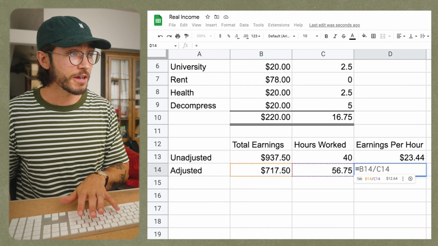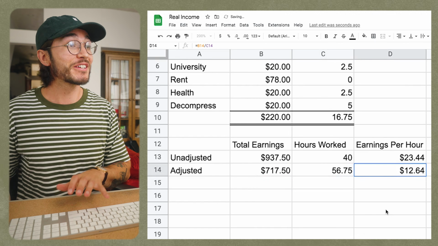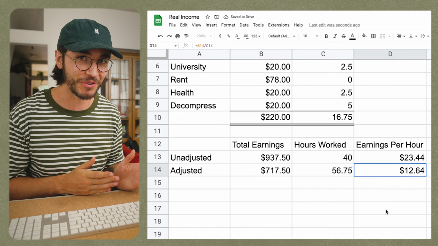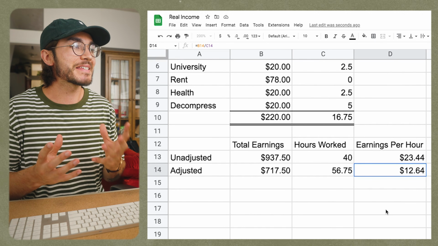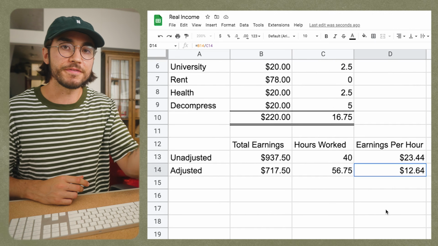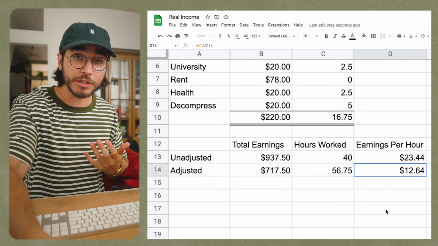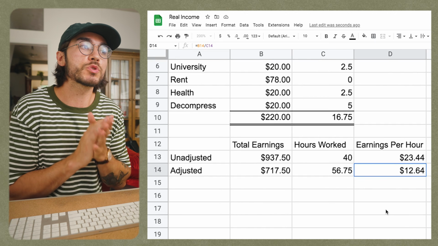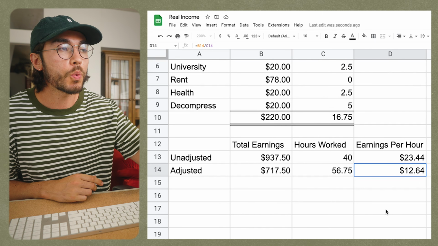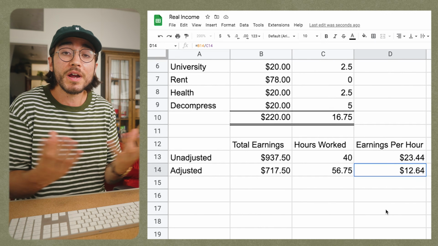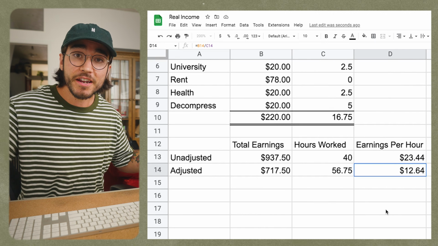So really, I was only earning $12.64 per hour. Because of all the things I needed to spend money on to do my job effectively and sustainably without having a terrible quality of life, that meant I was really only taking home $12.64 for myself to live the rest of my life with outside of my work.